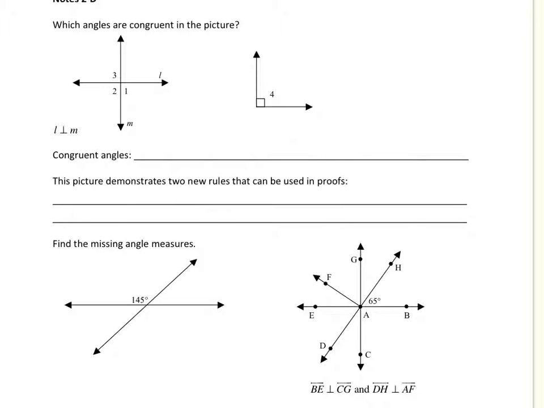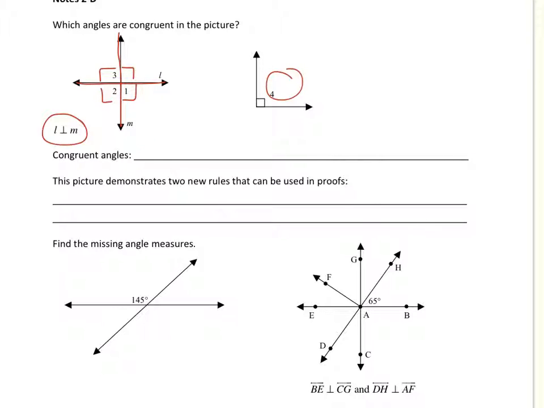And you can say that because of this statement that line L is perpendicular to line M. Since these two lines are perpendicular, that means that each of them forms a right angle. And over here it just plainly states that angle 4 is a right angle.